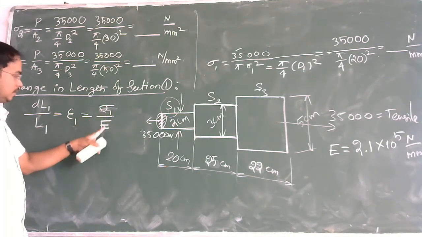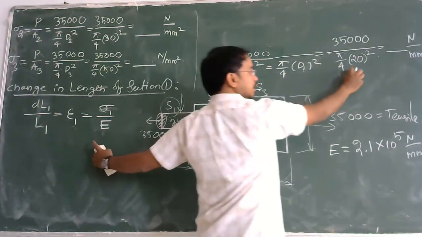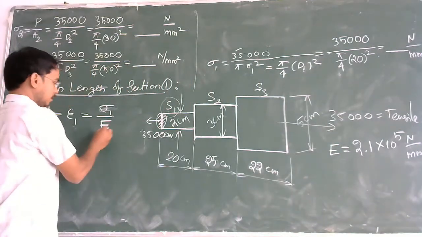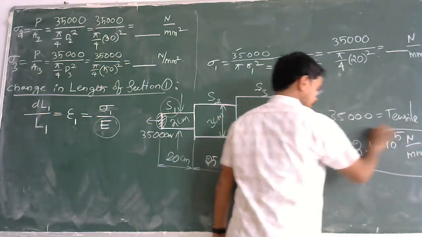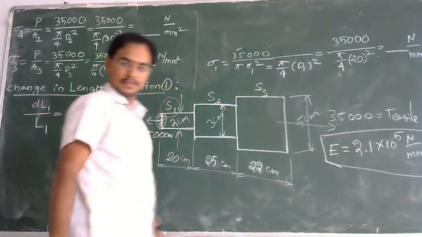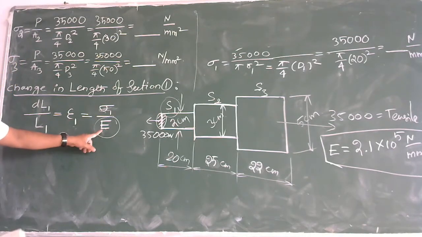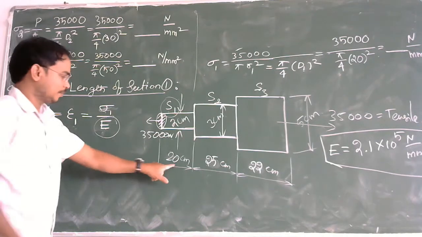Next, capital E is given in the problem. So substitute here, and we will get this epsilon 1. This length L1 is also given in the problem.